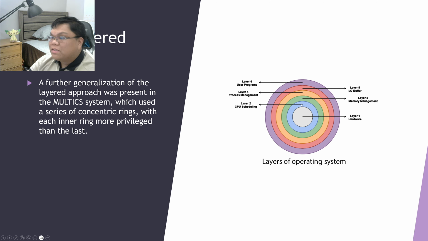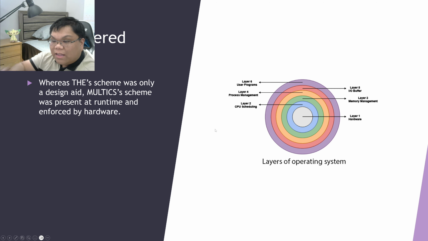Above that we would have something like CPU scheduling, and then memory management, and then process management. Whereas THE's scheme was only a design aid, what Multics brought to the table is the fact that this entire structure was present at runtime and enforced by hardware.